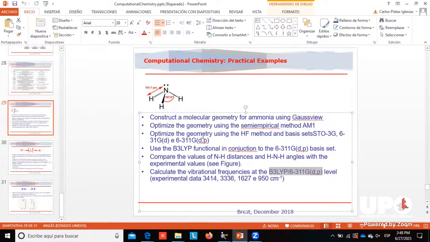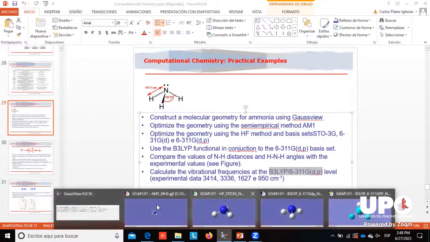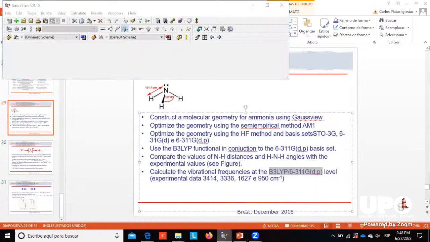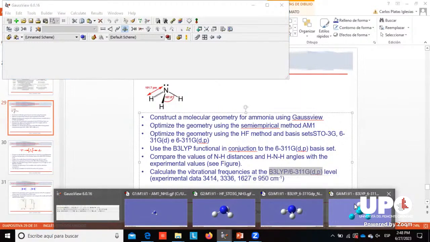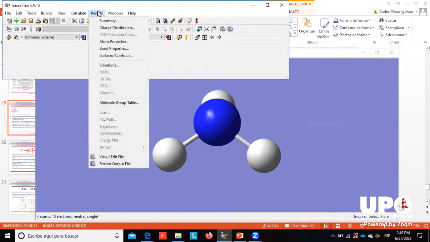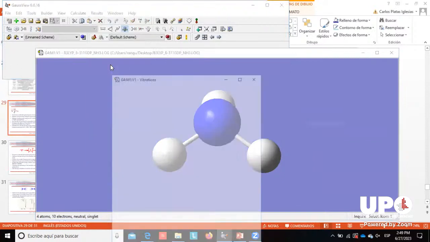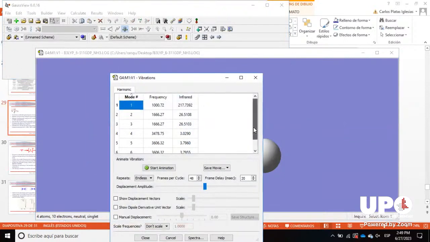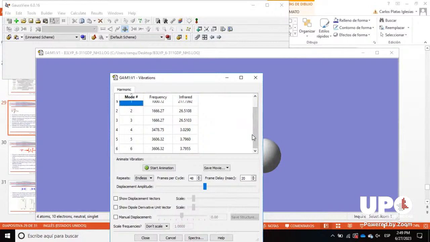Good, so it looks like with this last calculation, we have a nice geometry, right? I didn't check the frequencies, but probably they are a little bit off, always overestimated. Was it this one? So the vibrations are certainly much better than with Hartree-Fock and the small basis set, right?